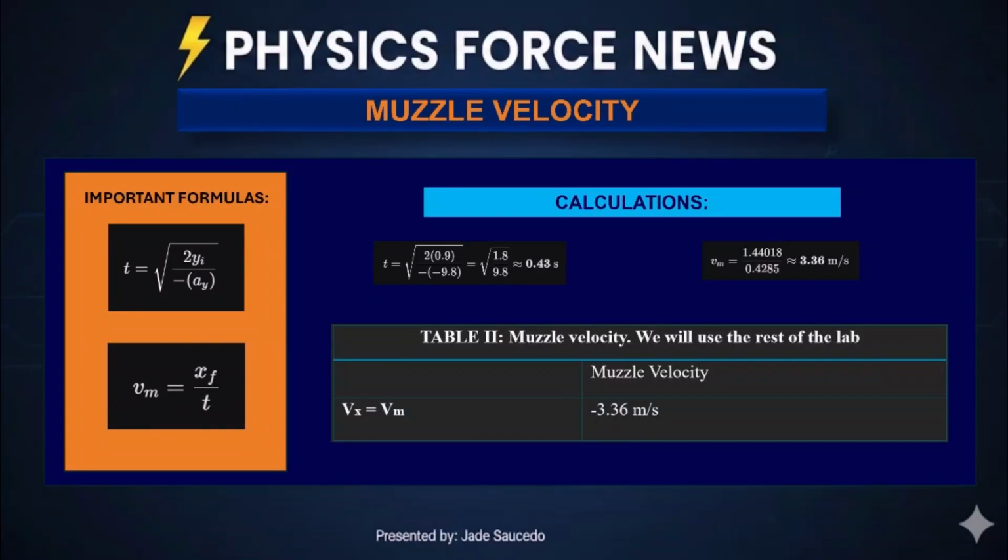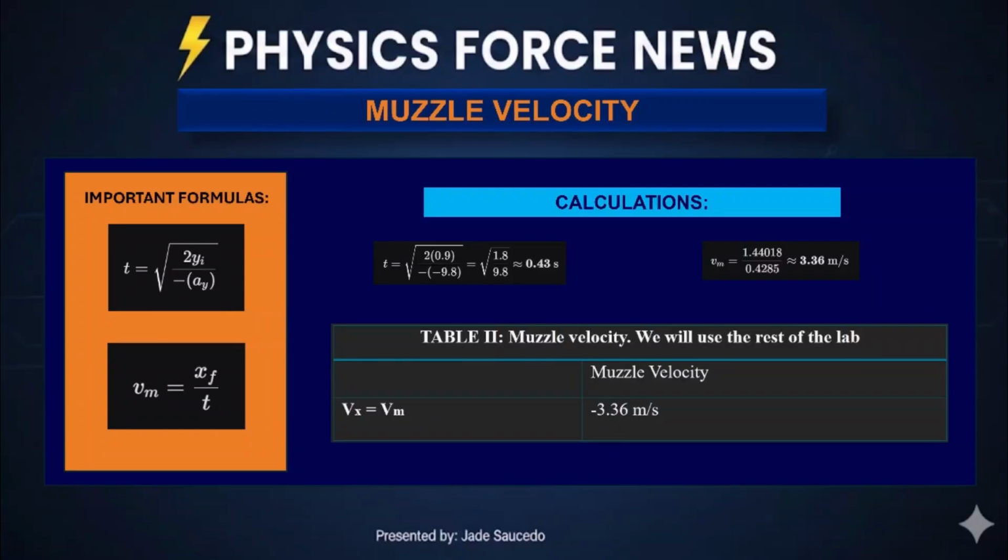Our first step was finding the time. Because we can't trust human reaction time with a stopwatch, we calculate flight time using the vertical drop. Our manual gives us the formula T equals the square root of 2yi divided by negative ay.